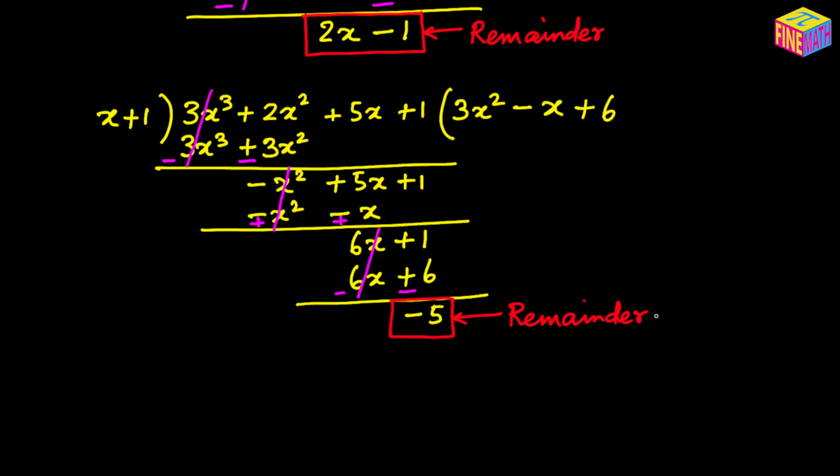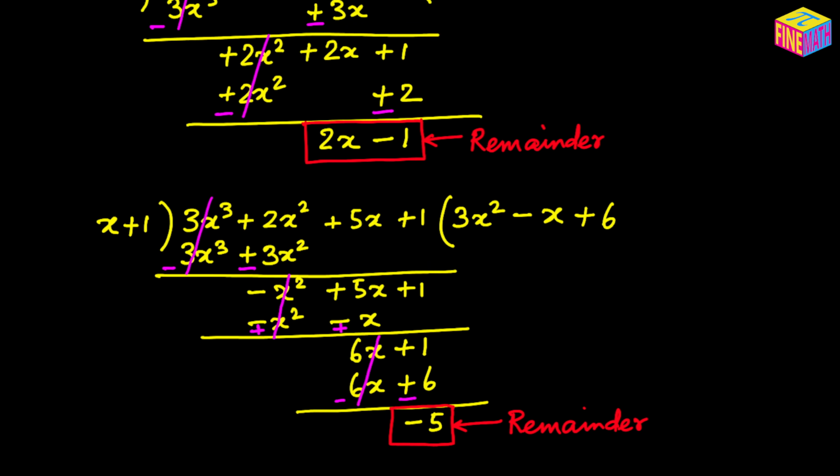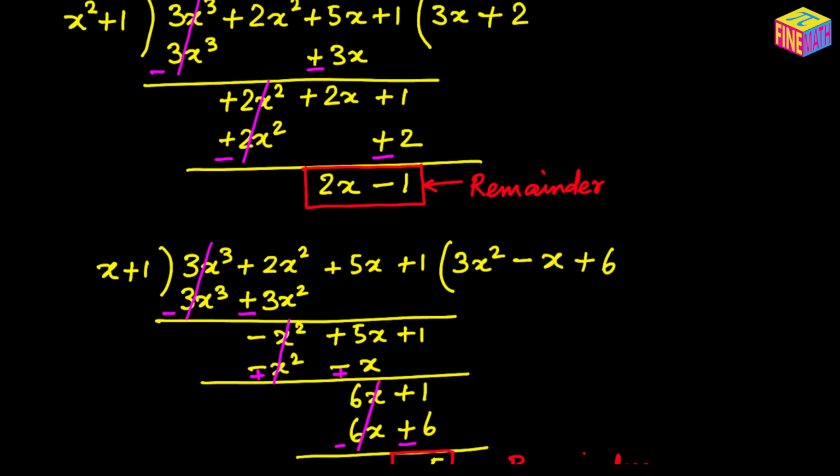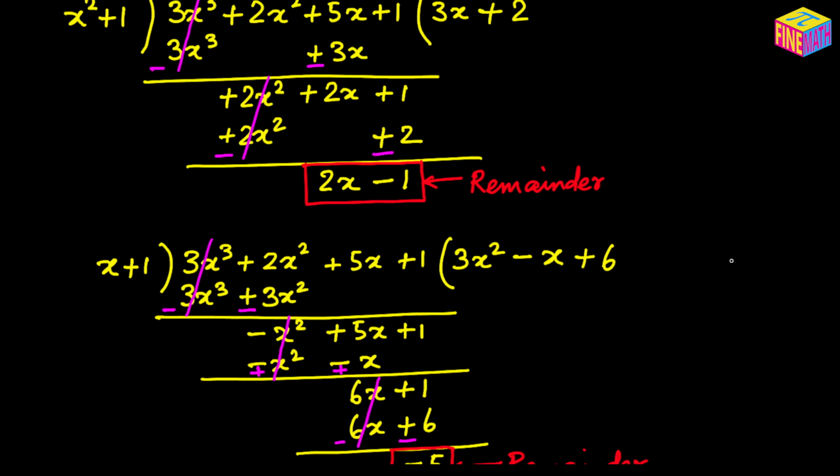Now if you look at the remainder that we obtained from both these divisions, I'm going to scroll up a little bit. You will notice one thing, that the degree of the remainder is at least 1 less than the degree of the divisor. That is the most important concept we all need to understand here, that the degree of the remainder could be a polynomial of x, right?